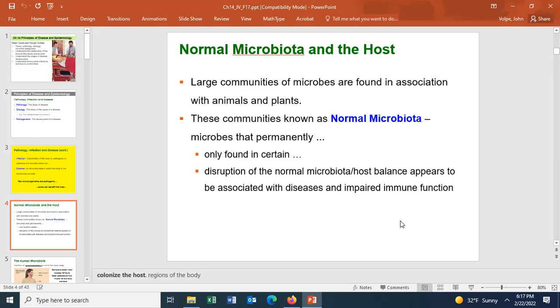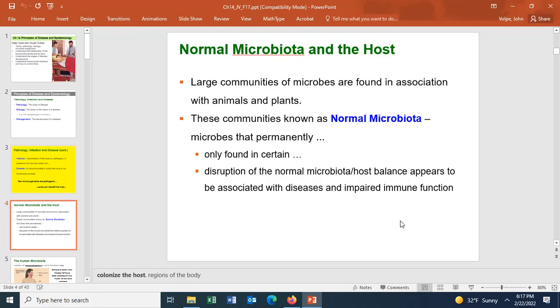The normal microbiota is a large community of microbes found in association with all animals and plants. And this we call the normal microbiota, where the microbes tend to permanently colonize and then live on the host.